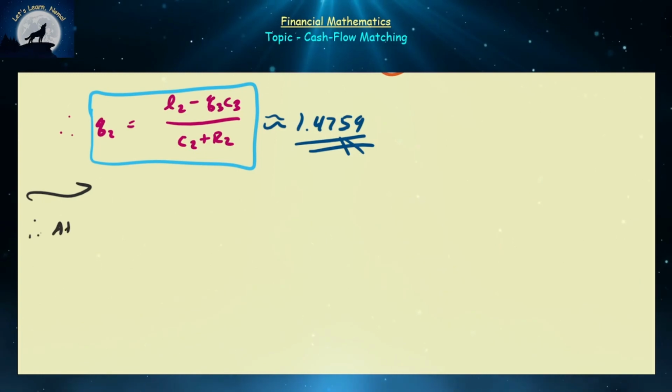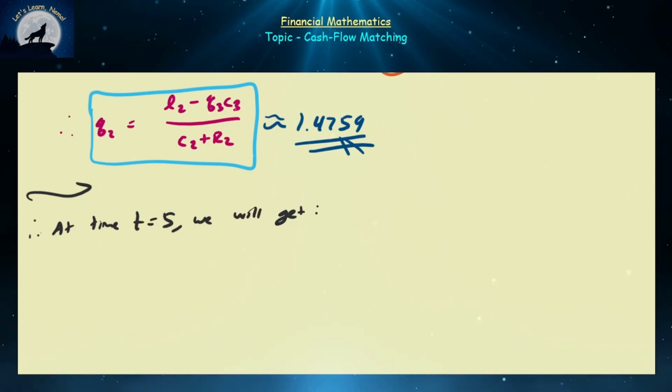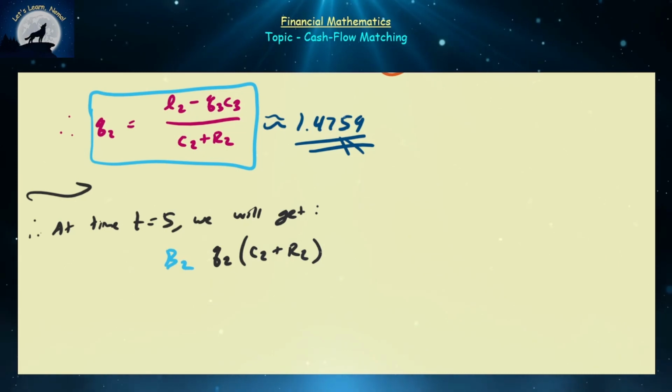So at time t equals 5, we will get what? We're going to be getting Q2 times C2 plus R2. This is going to be coming from bond number 2. And we're also going to be getting Q3 times C3. And this is going to be coming from bond number 3.